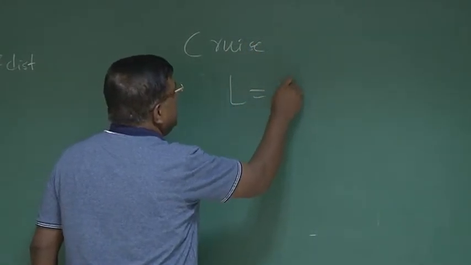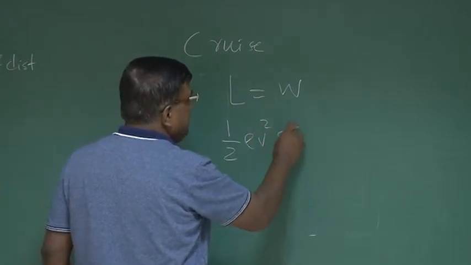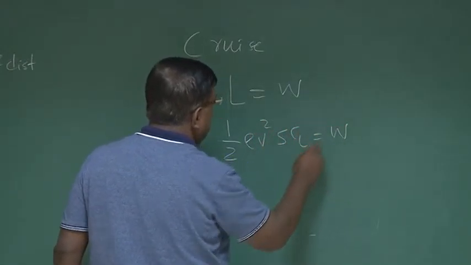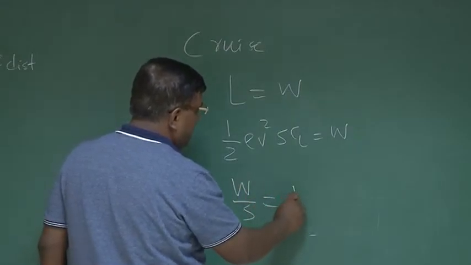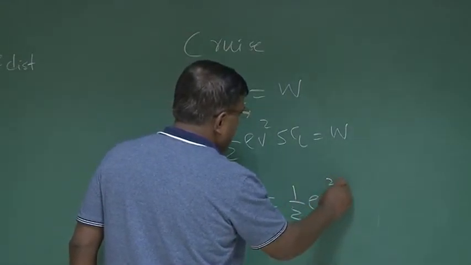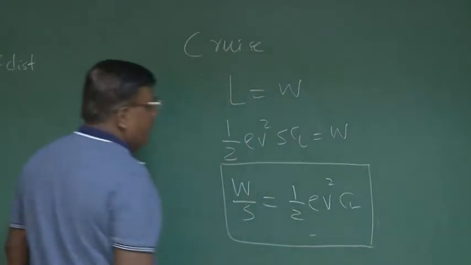This is one. Now, second part you see, if I come to cruise, what do you see in cruise? Lift equal to weight, or half rho V square S CL equal to weight, or W by S equal to half rho V square CL. This is one expression we get.